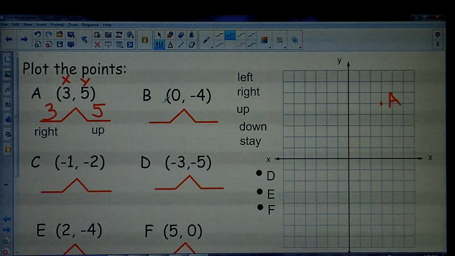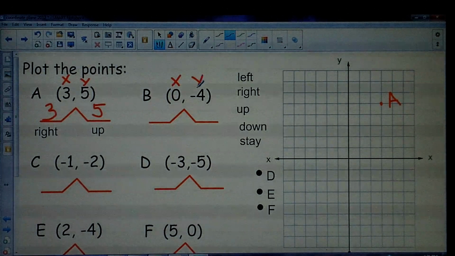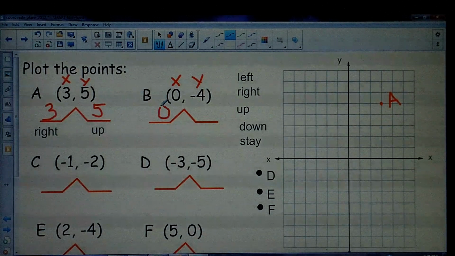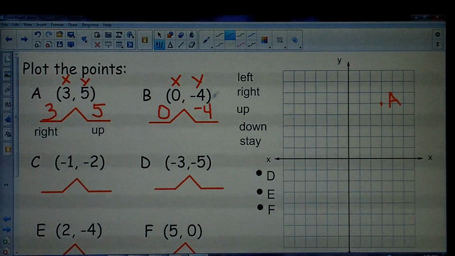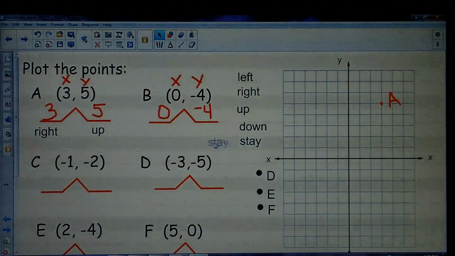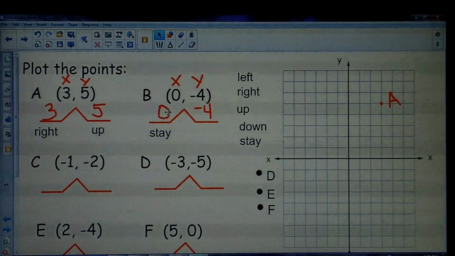Now let's do letter B. The x is 0 and the y is negative 4. So I'm going to put a 0 for the x, -4 for the y. Now the 0 tells me to stay. I can't move 0 spaces for the x.